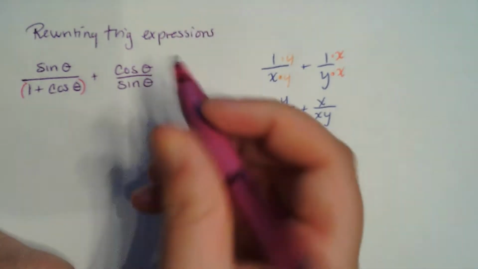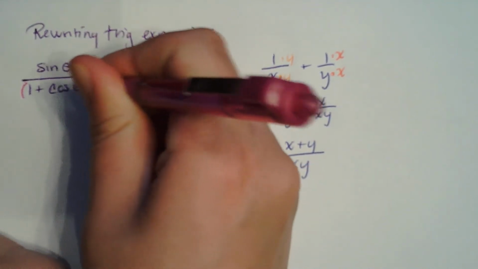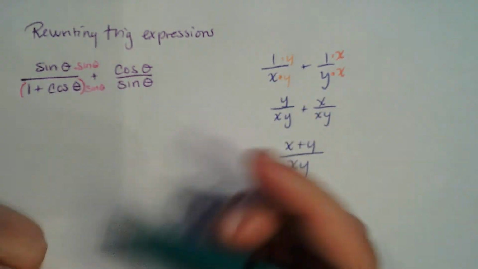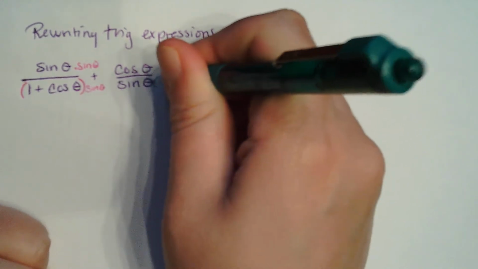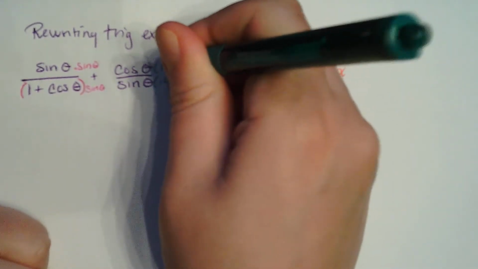But it doesn't have a sine theta, so it needs a sine theta. So we're going to put a sine theta on the top and a sine theta on the bottom. Now on this next one, it has a sine theta, but it doesn't have the 1 plus cosine theta. So it's going to get 1 plus cosine theta on the bottom and 1 plus cosine theta on the top.